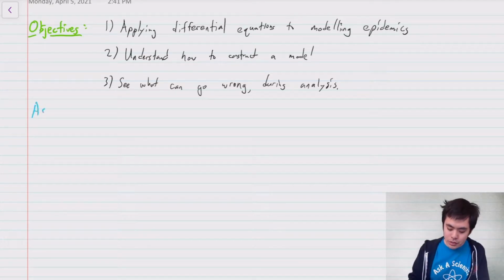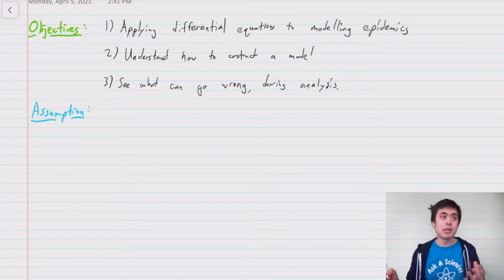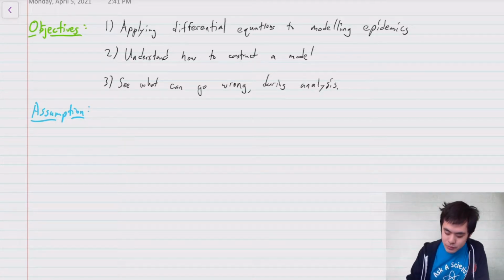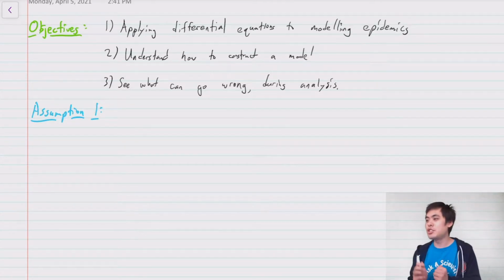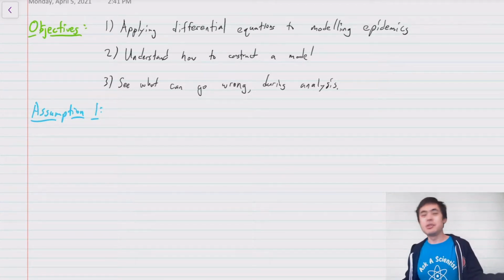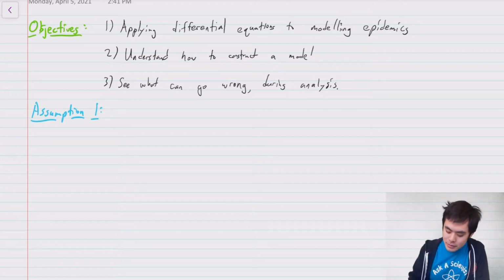So, assumption 1. We're going to go ahead and start building up epidemic assumptions. Let's start with the very basic one. Each infected individual infects other individuals. This is required for epidemics.